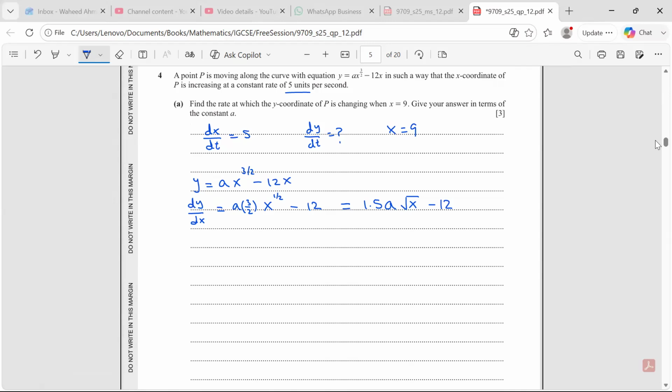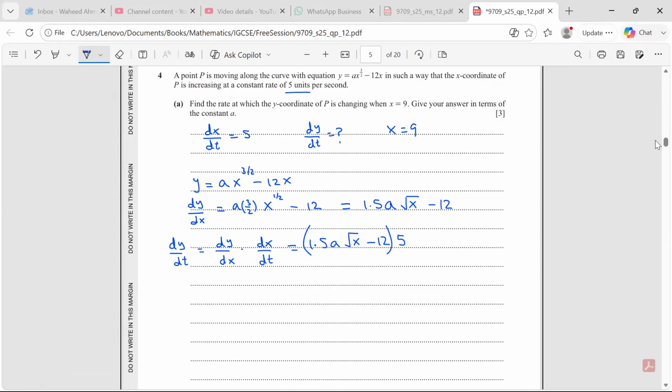Now, look at this. I need to find dy by dt. This would be equal to dy by dx into dx by dt, right? And that will give dy by dt. So dy by dx is 1.5a under the root x minus 12, multiplied by dx by dt, which is 5.